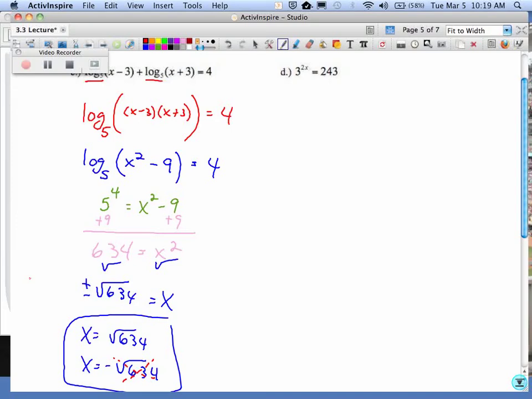Okay? Part D, you actually ran into one of these on your worksheet already. There are a couple of different ways we can do this, but for now, what they want you to do is work in like bases.